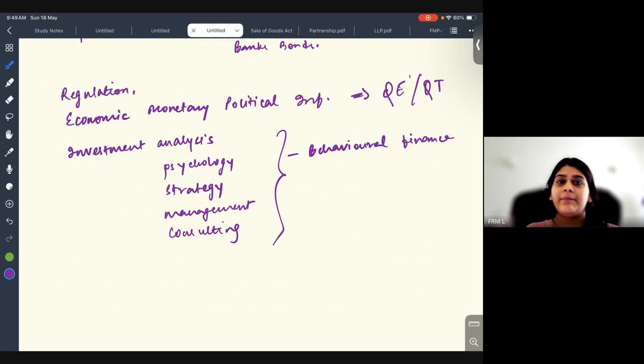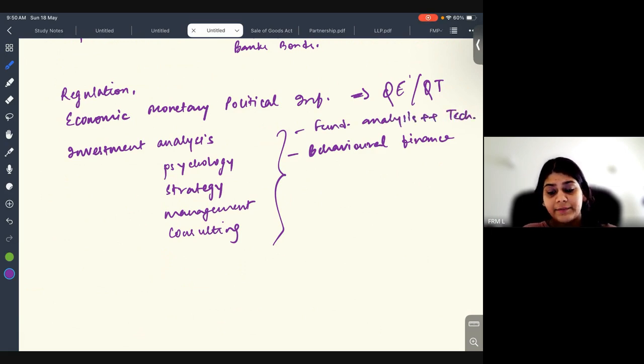So, for example, biases like herding, we have biases like regret aversion, hindsight bias, anchoring, all of these things, how does the psychology basically impact investments? That will be investment psychology. So this will come from behavioral finance. This comes a little from fundamental analysis. Plus, they have technical analysis.